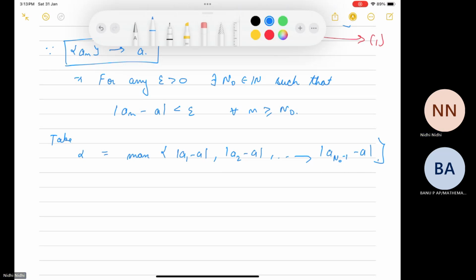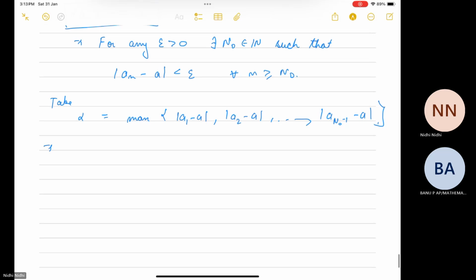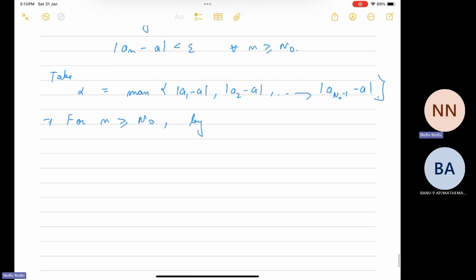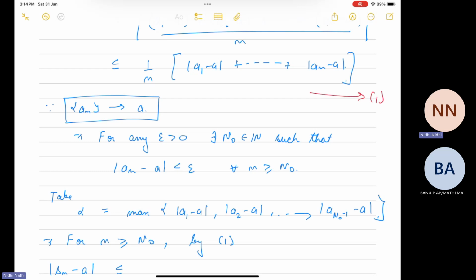And therefore, for n greater than or equal to n naught, by the above equation 1, we have mod Sn minus a less than or equal to. Now see, the first term is mod a1 minus a, which is the term here also.